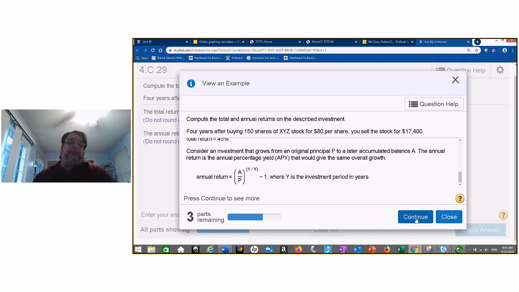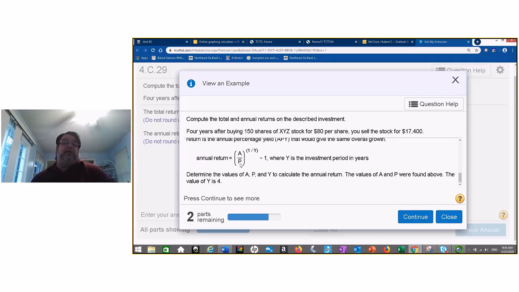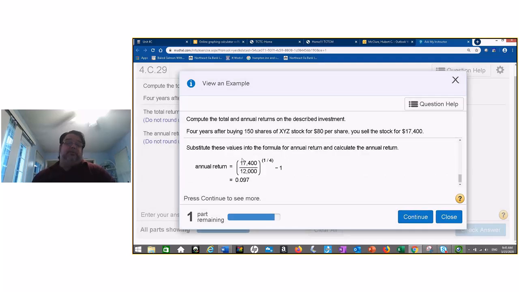Just write down the formula. A over P raised to the 1 over T power. And A is your new over your old. Okay? So A, new over old, raised to the 1 over T power.